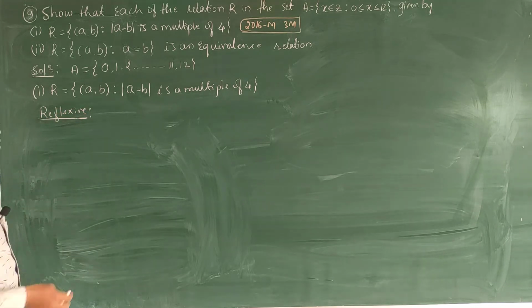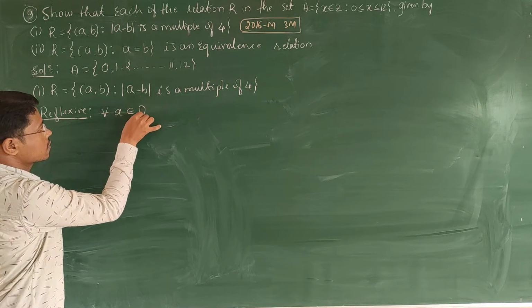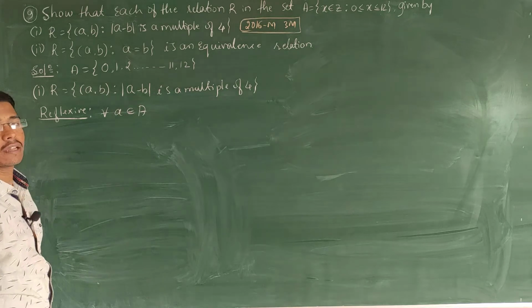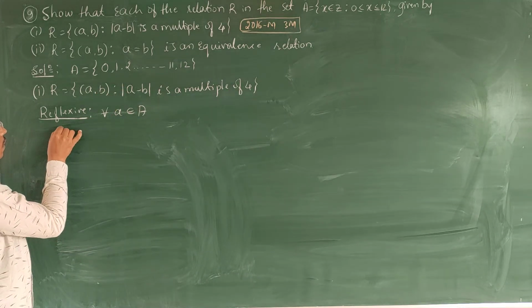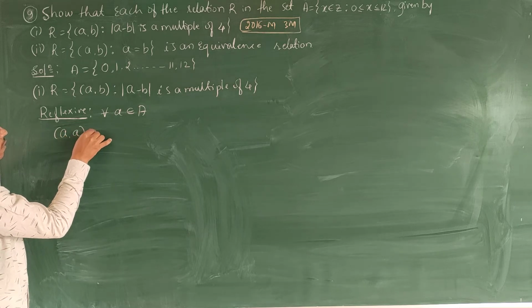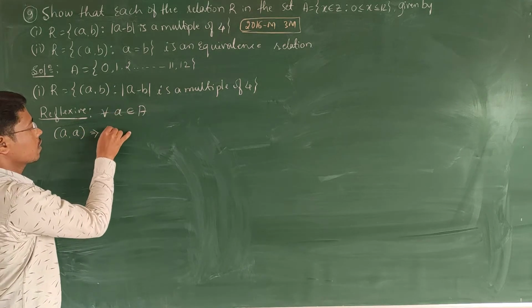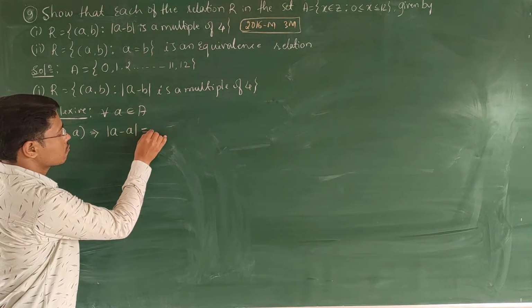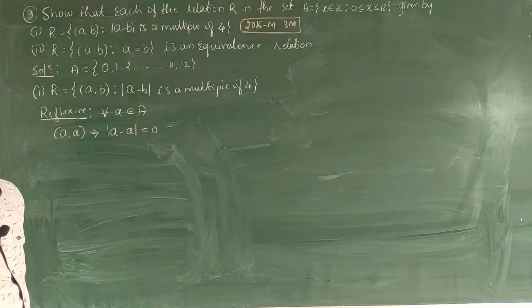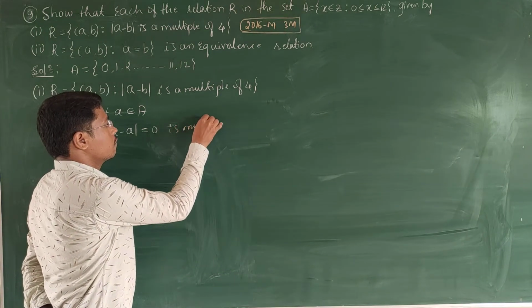For all a belonging to the set A, any element from the set, I am checking (a, a). Putting it in the relation, a - a = 0. 0 is a multiple of 4.